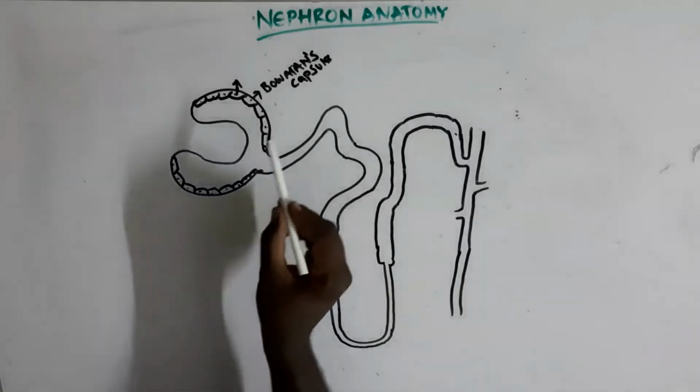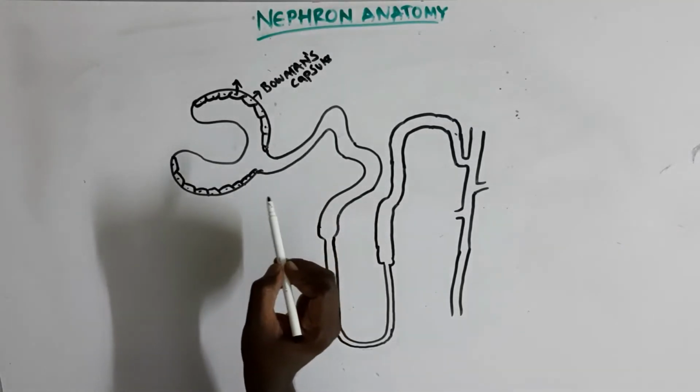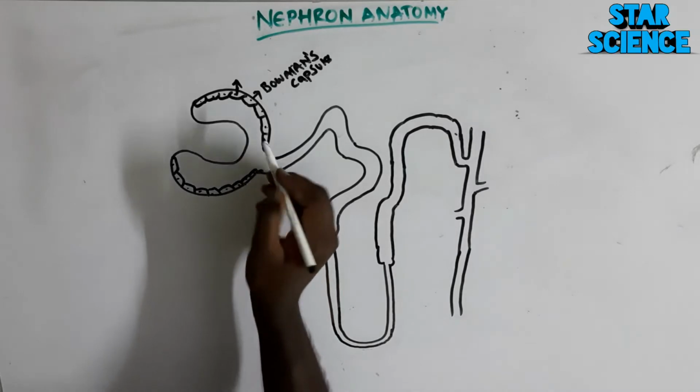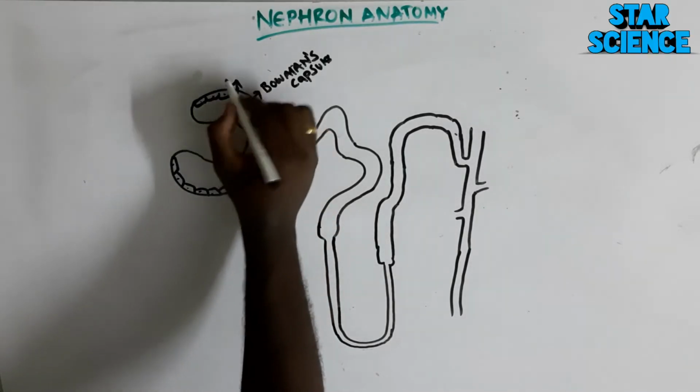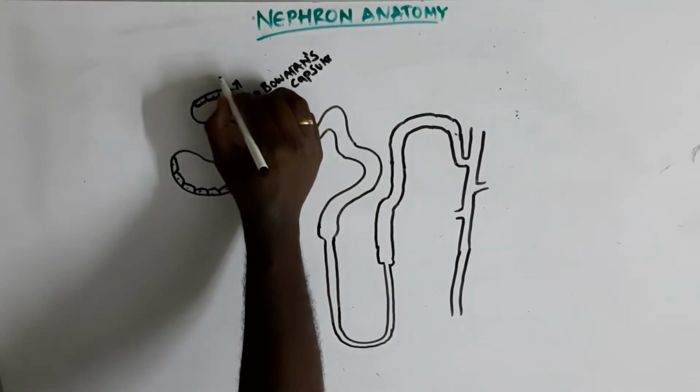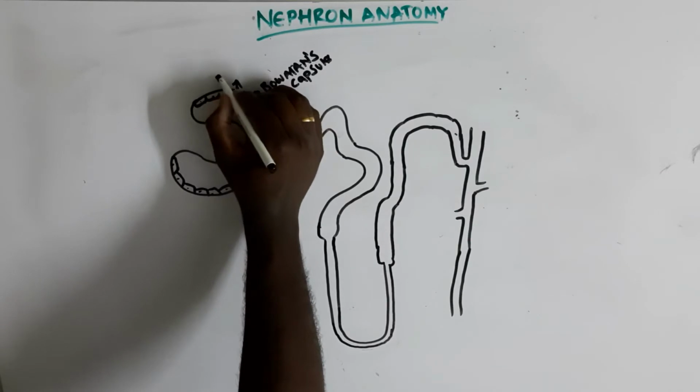So remember the Bowman's capsule outer layer is the parietal epithelial cells.